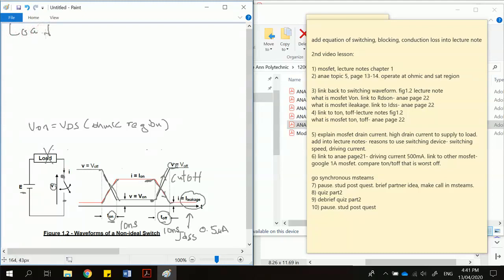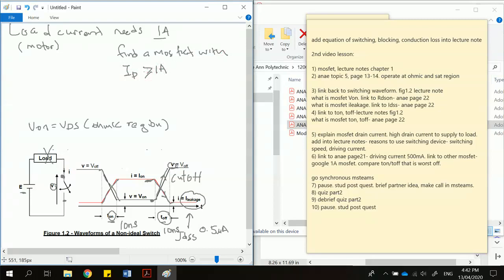If the load current needs 1 amp, for example, like this motor, we need to find a MOSFET with ID bigger than 1 amp or close to 1 amp.